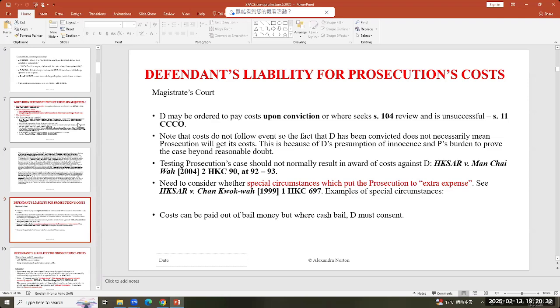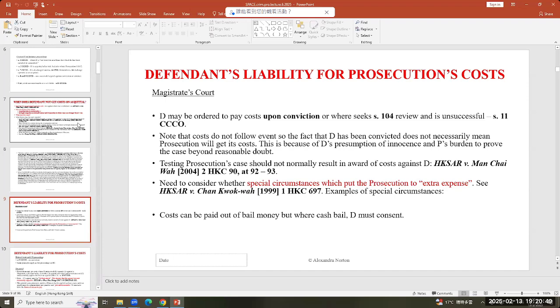Another example of putting the prosecution to extra expense is taking every single point on cross-examination that could possibly be made, even if it's irrelevant. So again, you're forcing the extension of the trial.